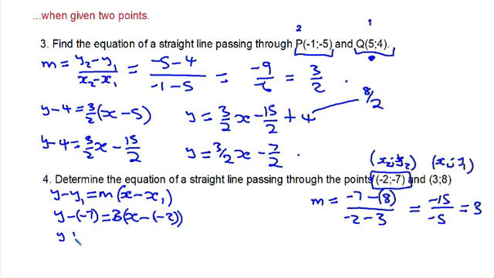So this is y plus 7 is equal to 3 bracket x plus 2, and then distribute, this is 3x plus 6. The positive 7 goes to the other side to be negative 7, and we are left with y. So y is equal to 3x minus 1.